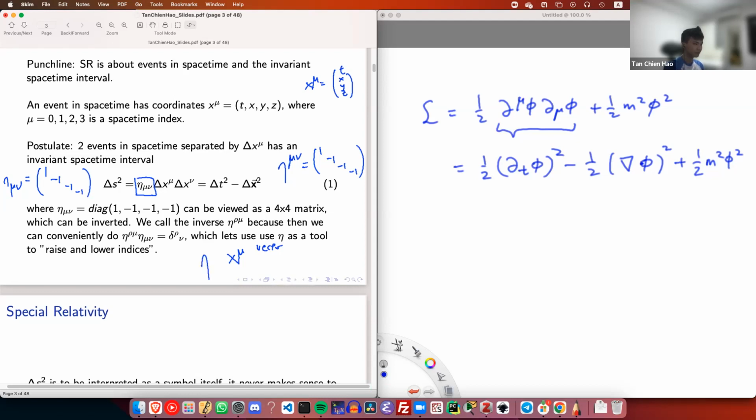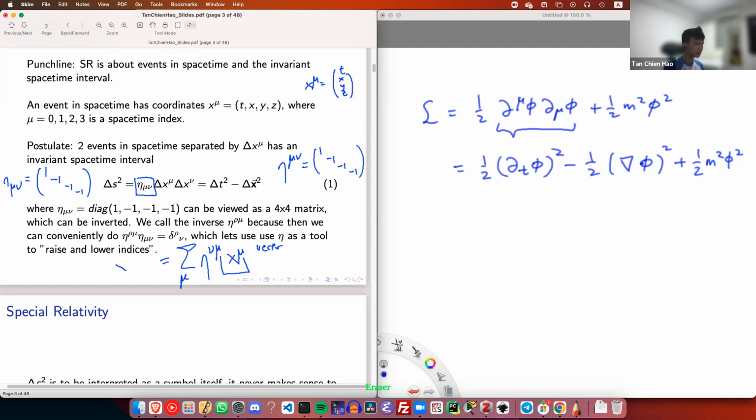So we can do this and do a summation over the mu index, because mu is a repeated index by Einstein's summation convention. We sum over it.